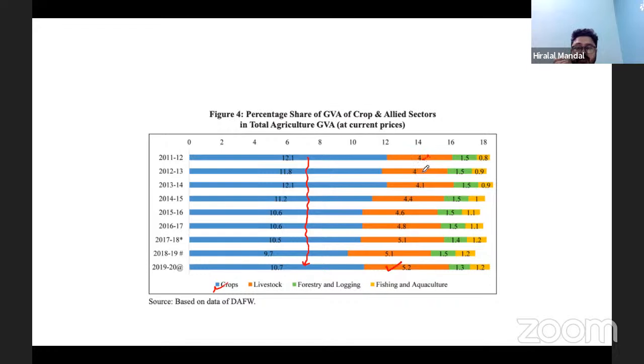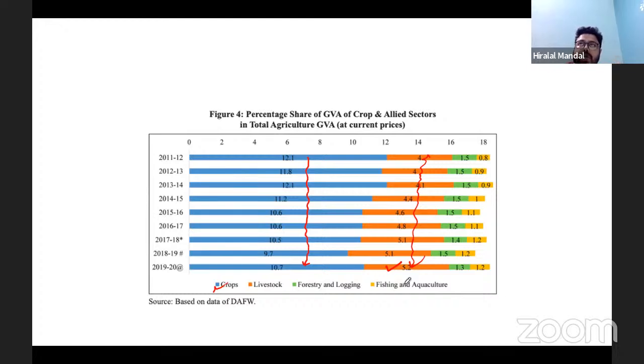From 4%, it has gone up to 5.2%, and that is an important chapter in the mains examination. In livestock, you can see the contribution is going up.